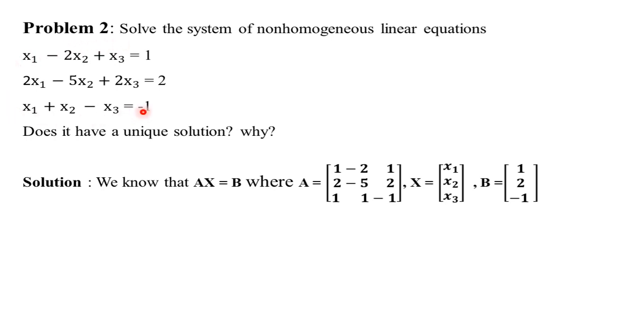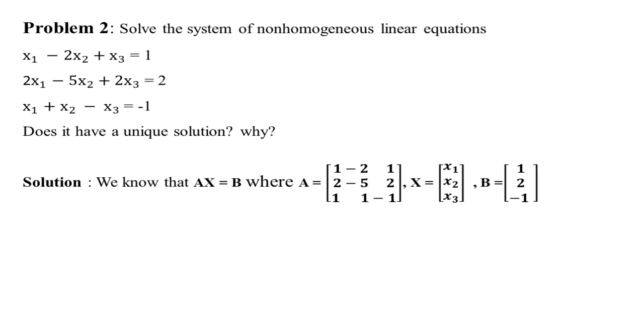associated with this system, that is 1 minus 2 1, 2 minus 5 2, 1 1 minus 1, obtained from the left hand side of these three equations, that is coefficients 1 minus 2 1 here, 2 minus 5 2, the second row, and 1 1 minus 1 from the third equation, the third row.